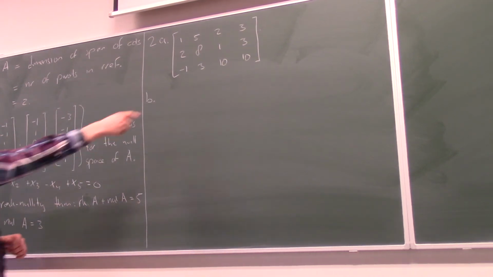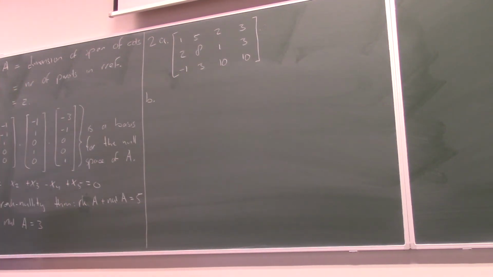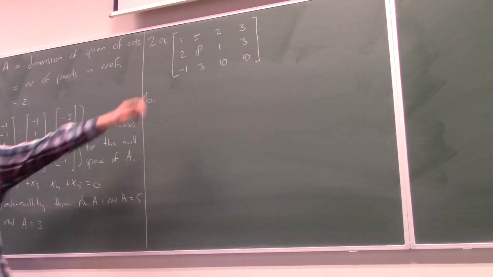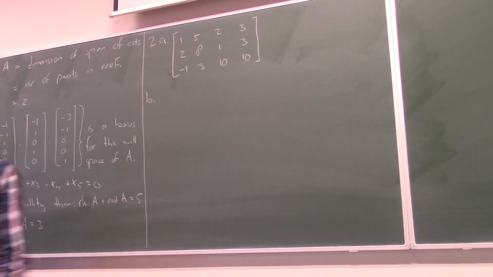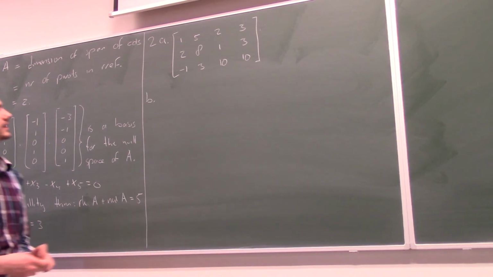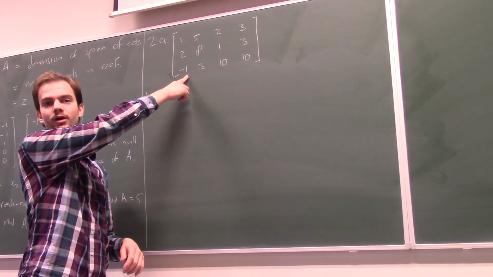So in this case, there's 4 columns of length 3. So are they independent? No. Is that clear for everyone? So if you have vectors of length 3, you can have at most 3 of them that are linearly independent. Right, so another way to think about this is this matrix maps from R4 to R3.